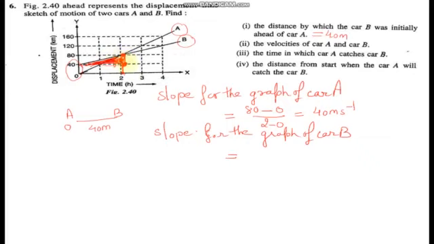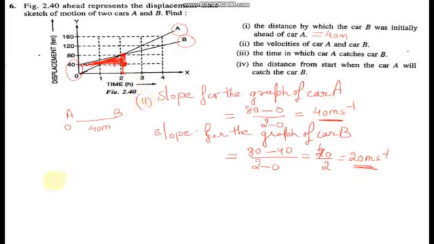So take this height, that is 80 meter minus 40 meter. What about their horizontal height? It is 2 minus 0. यहाँ पर 2 है, ये 0 है. 2 minus 0, so 40 by 2, that comes out to be 20 meter per second. So what do we conclude? We are getting this is the velocity of the car A and this is the velocity of the car B.